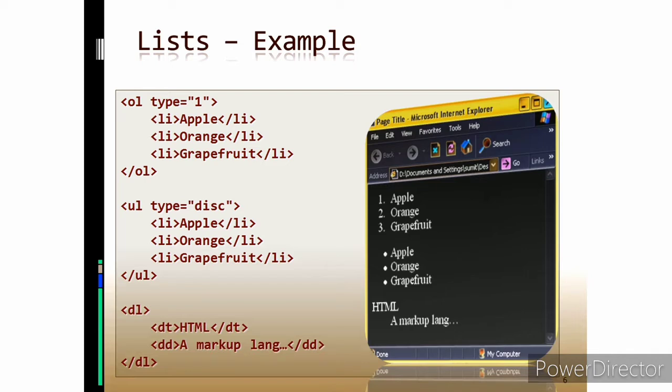One more, the definition list, I have taken the term DT as HTML, and the definition as markup language. When you execute it, on the right hand side of your screen you can view all three outputs. The very first is in numbers, that is the ordered list. The second is your unordered list, and the third is the definition list.